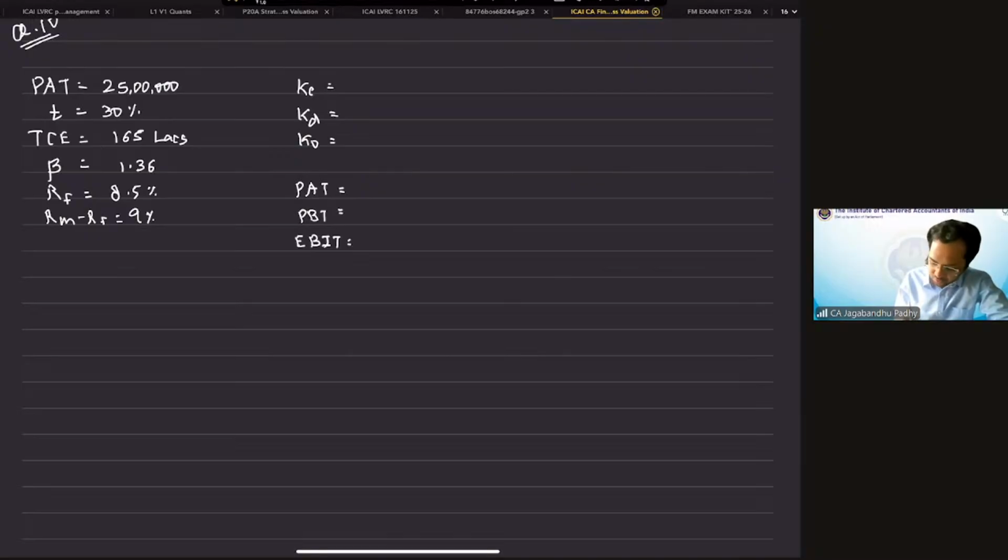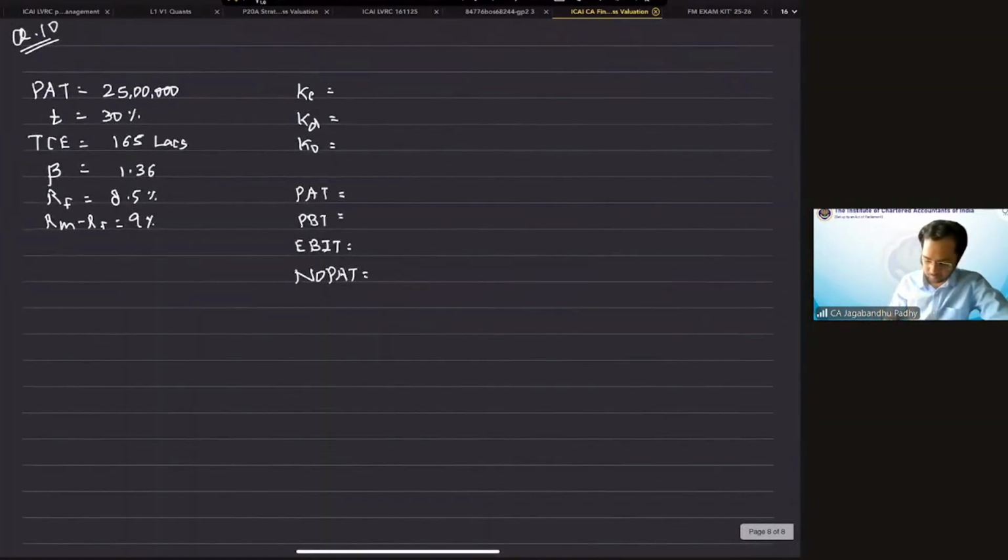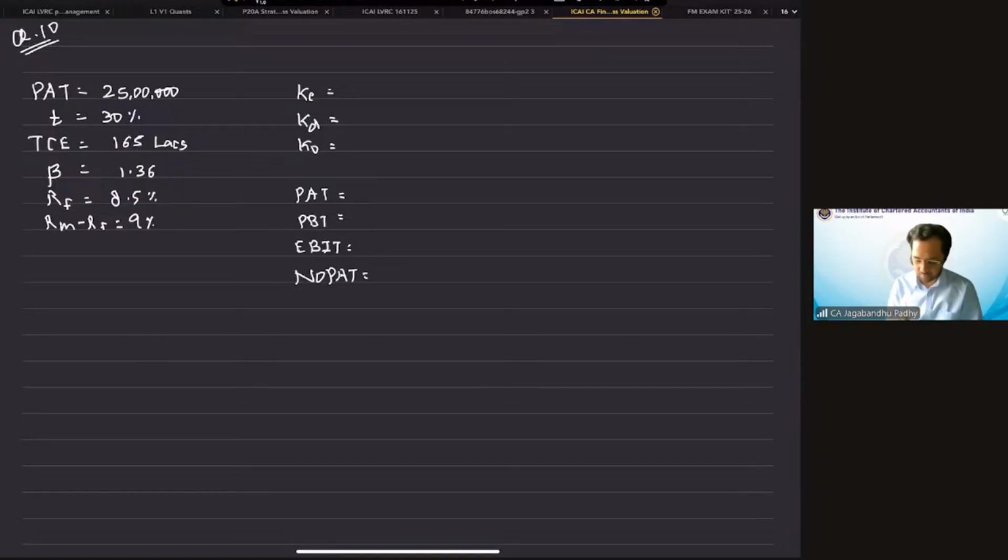Then you convert it to net operating profit after tax, NOPAT. Once you have the NOPAT, then we can calculate the economic value added.